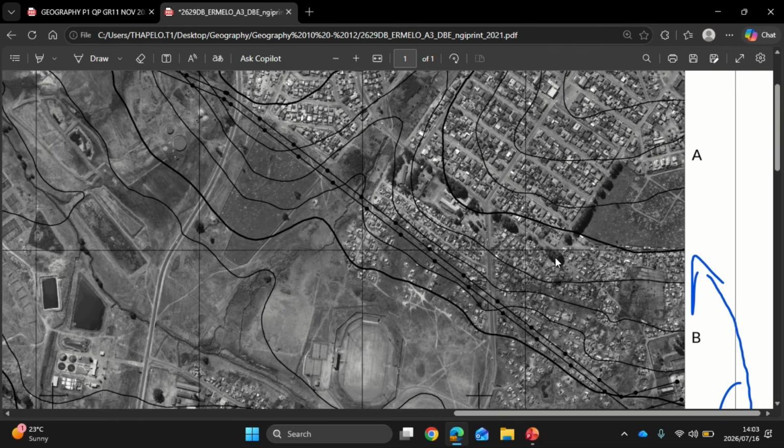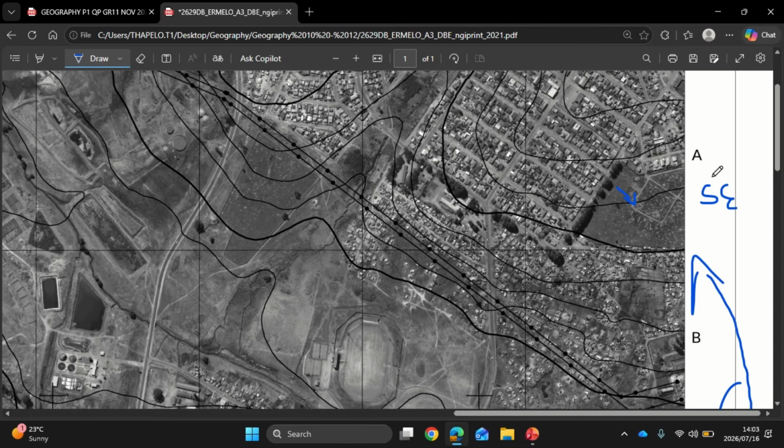As you can see, there is a row of trees over there, and when you look at the shadows, this shadow is lying towards the southeast. So that's the first evidence we can use to answer the question.